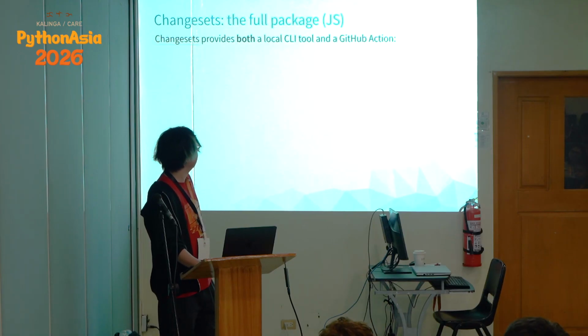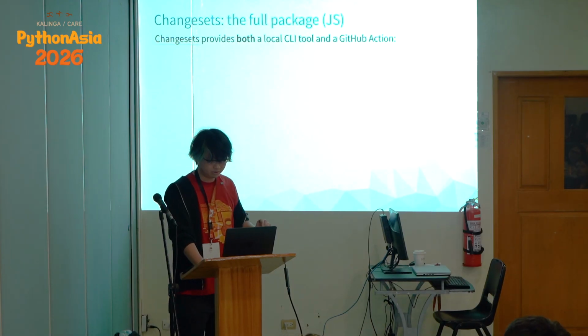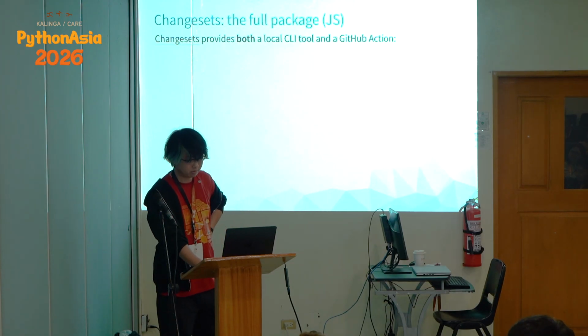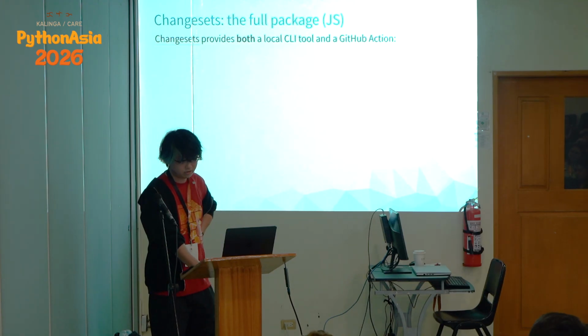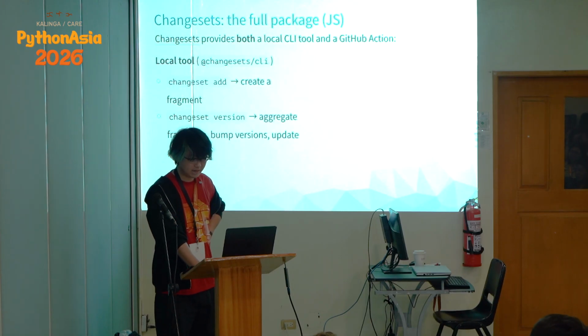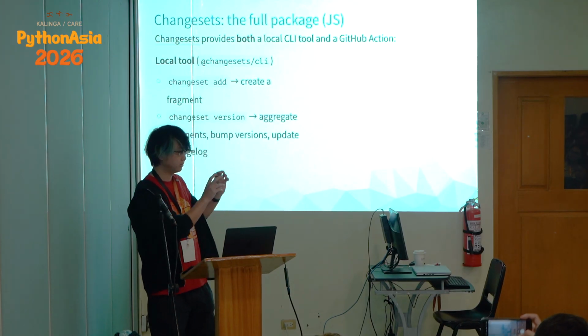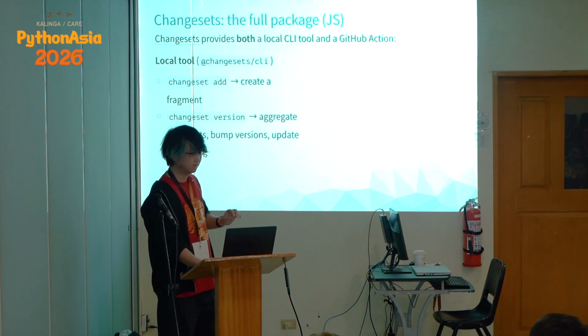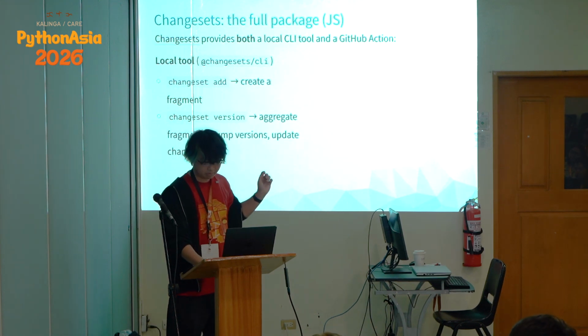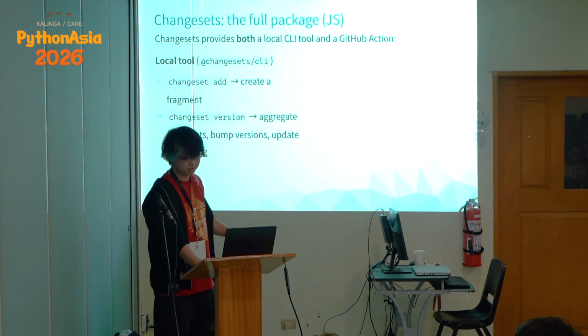So yes, I'd like to dig deeper into the things around changesets. In the JavaScript ecosystem, changeset is a well-known tool for this kind of thing. It gives you a local CLI for creating fragments. Fragments here means just a text file, as shown in the previous slide, for example, and it calculates versions as well.